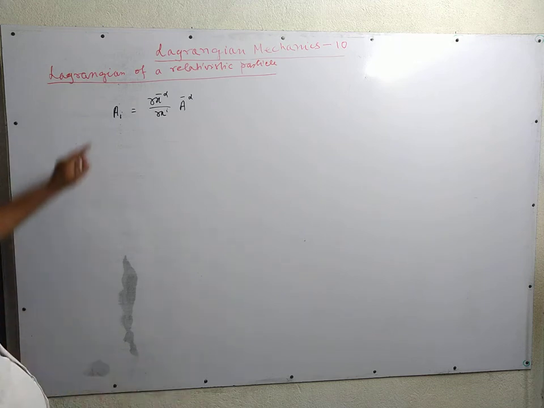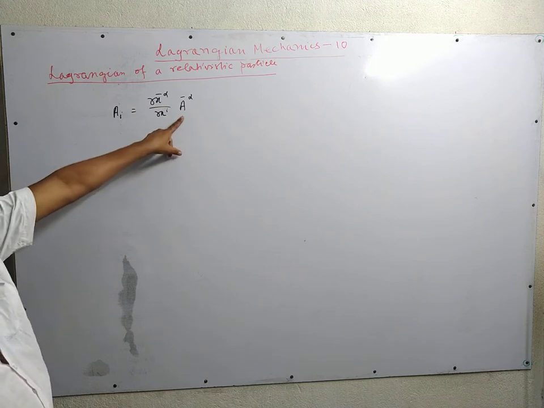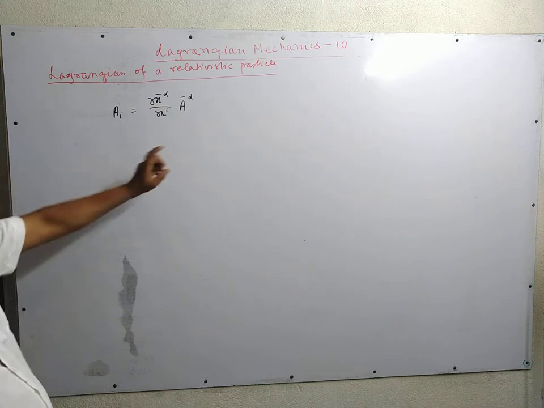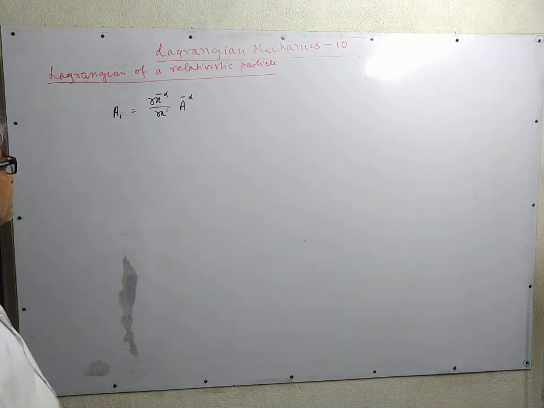For the three-dimensional case, there are three such quantities A1, A2, A3 and Ā1, Ā2, Ā3, and for the n-dimensional case, each of them has n quantities.